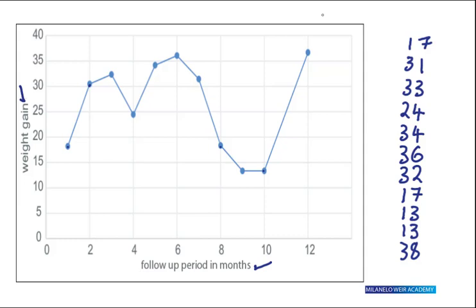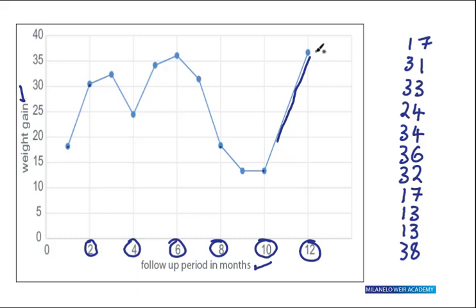This is the second month, the 4th month, the 6th month, the 8th month, the 10th month, the 12th month, right? So from the 10th to the 12th month, we see the change is really big. There's a huge change in weight.